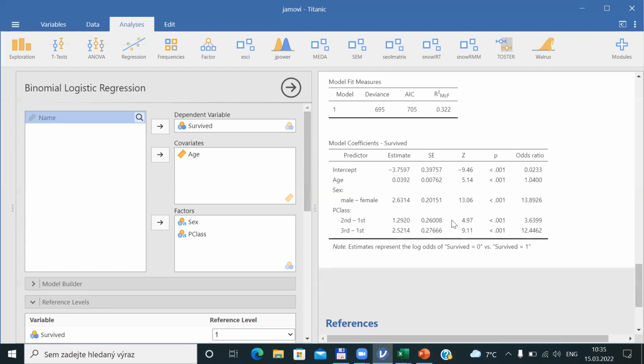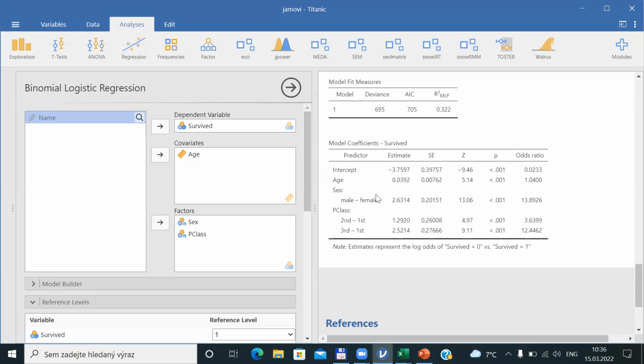First of all, once again, here we have some formal statistical tests, especially in this Z column and P columns, that are evaluating the impact of individual variables for us. Here it is that the age, for example, according to this result, is still a statistically significant result. So it means if this was a sample of people who were in some accident, older people have higher odds not to survive.